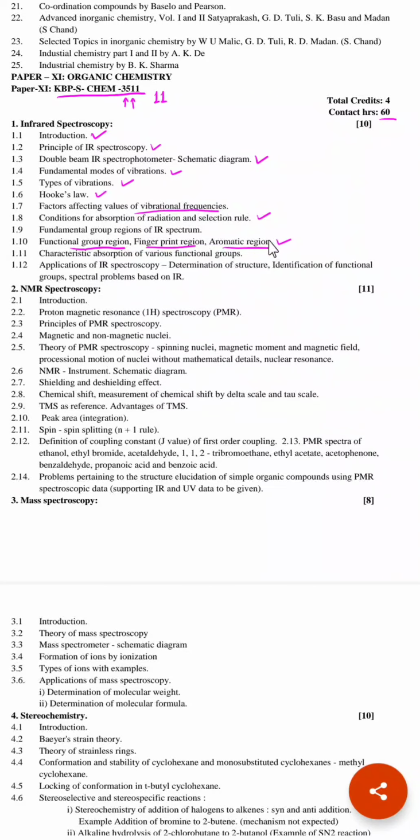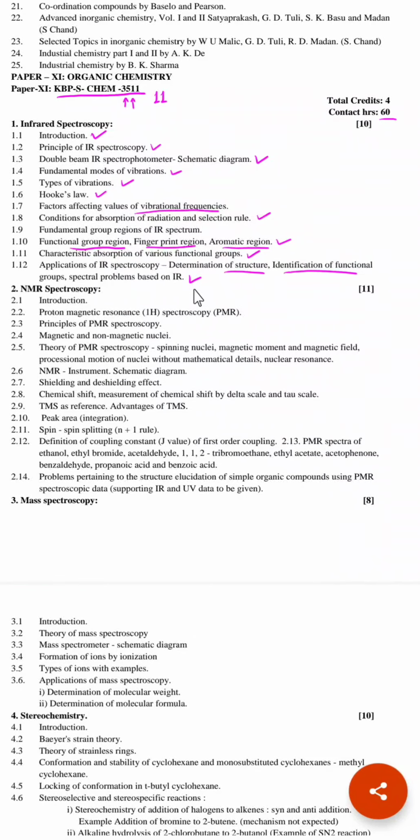Then characteristic absorption of various functional groups, and lastly we will move to applications of IR spectroscopy. In applications of IR spectroscopy, we will see how to determine the structure, then how to identify the functional groups present in the compound, and we will also solve some spectral problems based on IR spectroscopy.